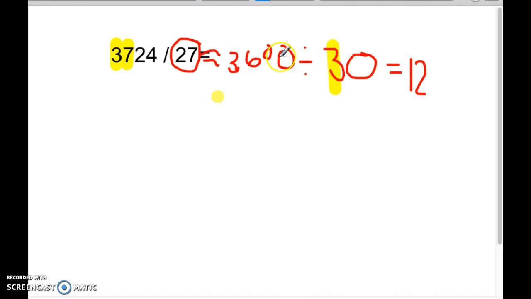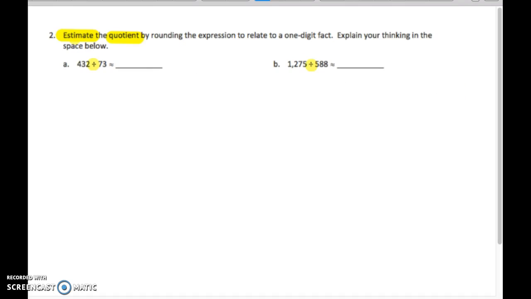Then, dividing by 30 would be like dividing by 10, it would take one of those zeros off, so I would need to do this. And then I could multiply these two numbers. 30 times 120 is indeed 3,600. 3 times 12 is 36, and then one place value, two place values. So that's what I'm going to do in this.